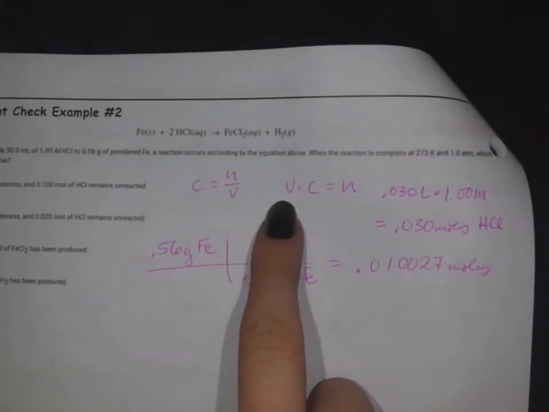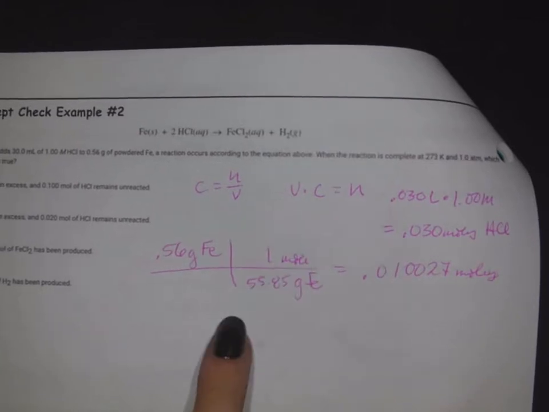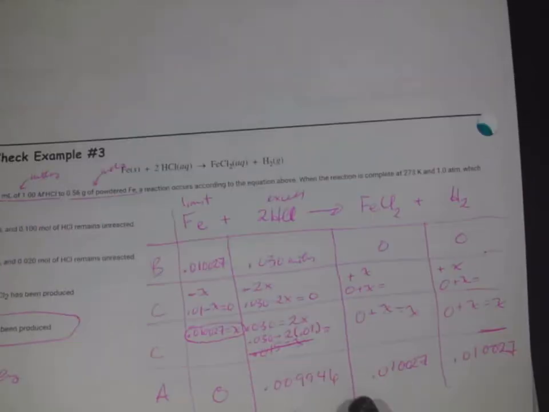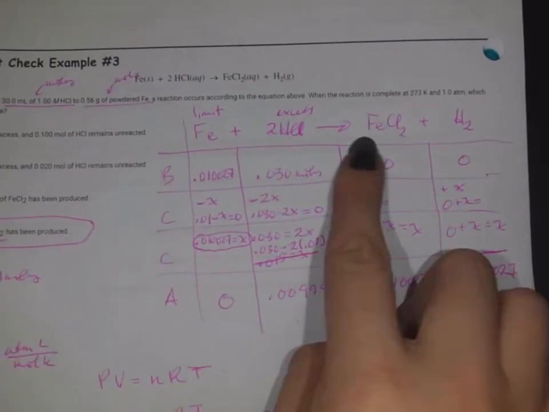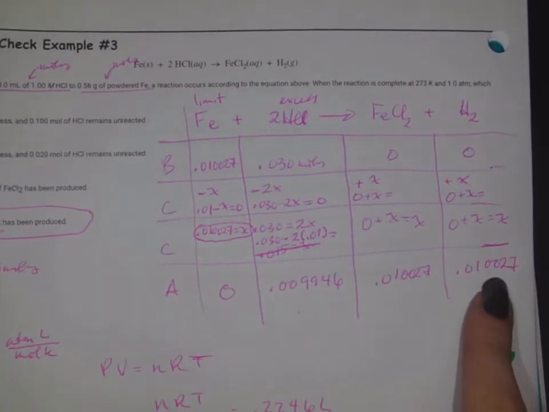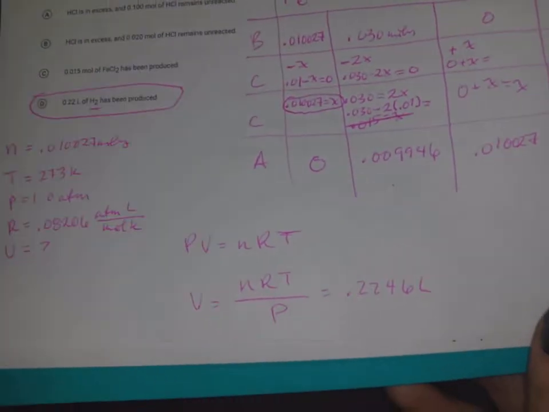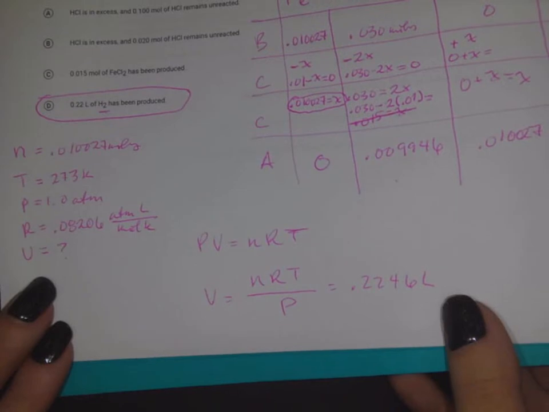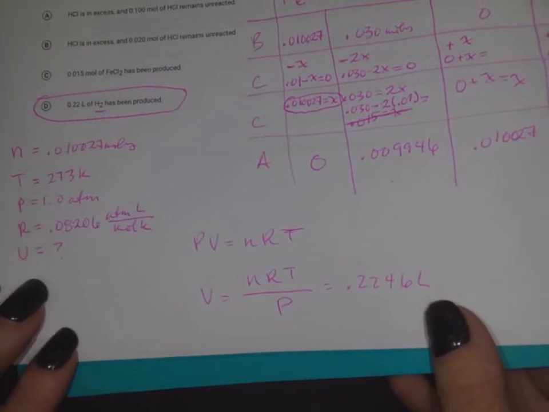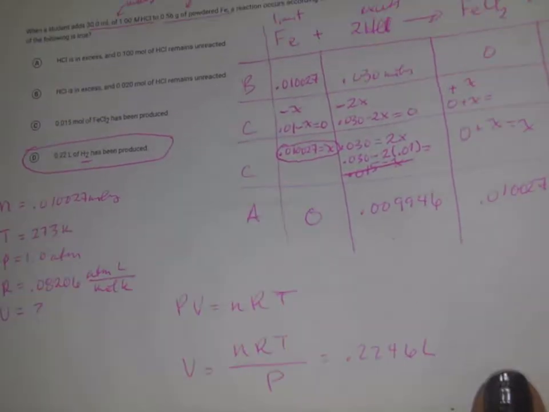We had to figure out how many moles based on concentration and moles based on grams. We put that in our BCCA table, and then we took info from that BCCA table and used PV equals nRT to get a final answer. So much chemistry knowledge that went into just that one question. Okay. We have time that I want us to do one more.